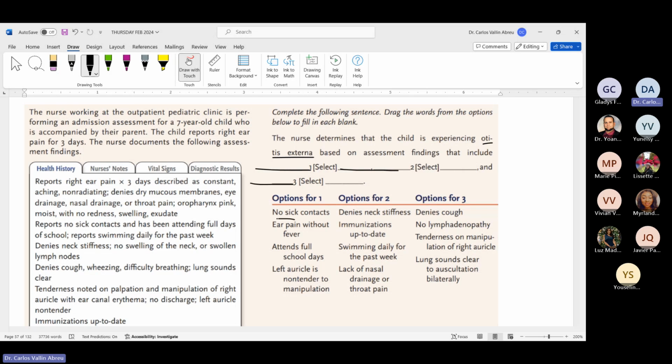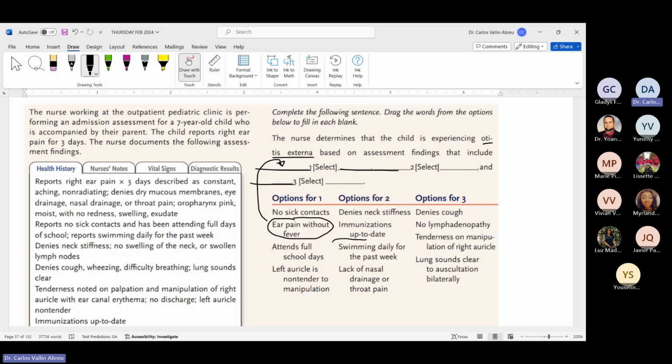So obviously, the best option here is that you suspect otitis externa because there is pain in the ear without fever. Usually otitis externa does not produce fever. So I move that here. The second: denies neck stiffness, immunization up to date, swimming daily for the past week, lack of nasal drainage or throat pain.